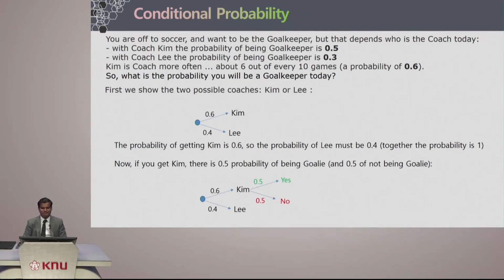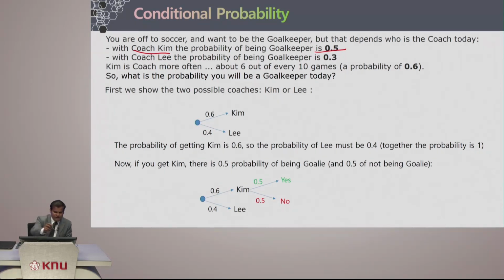Well, let's see the two possibilities. We right away know that the probability of Kim being the coach is 0.6 and the probability of Lee should be 0.4. If you get Kim, there is a 0.5 probability of being a goalie.